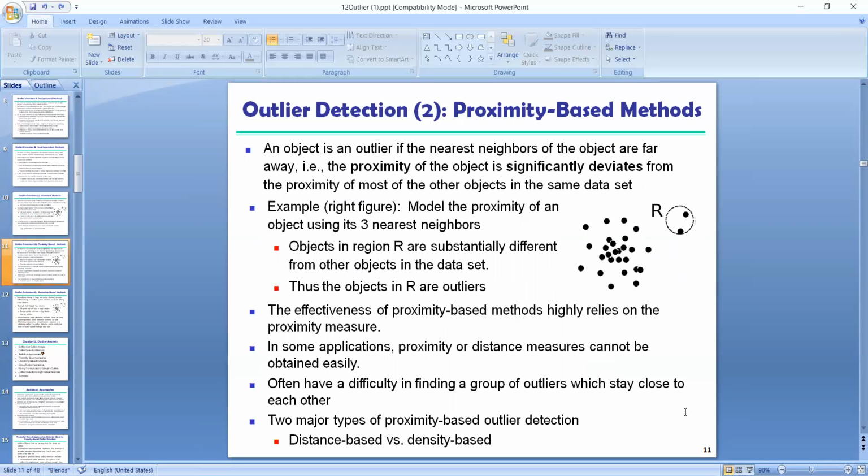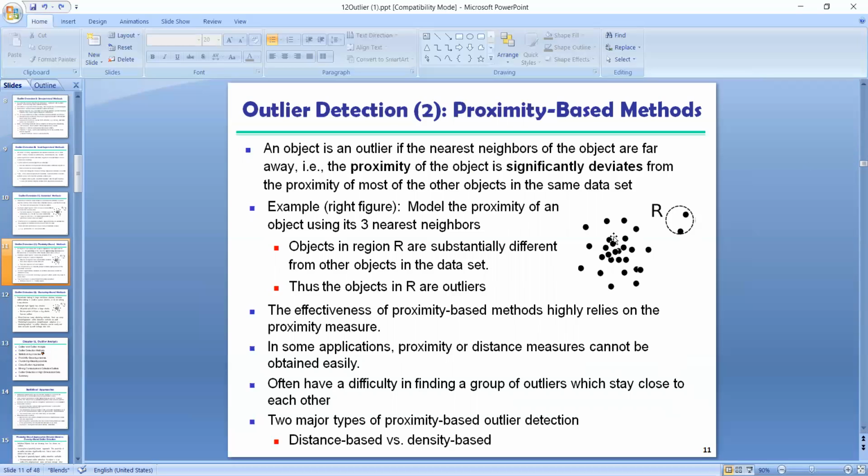The second one is proximity based methods. So as the name indicates, it is based on proximity. An object is an outlier if the nearest neighbors of the object are far away. If the neighbors are far, then we can consider it an outlier. That is, the proximity of the object significantly deviates from the proximity of most of the other objects in the same data set.